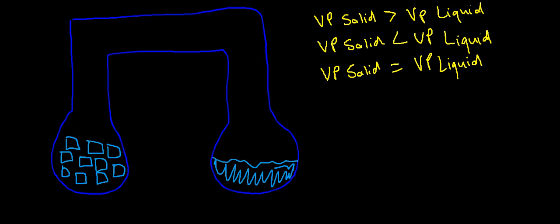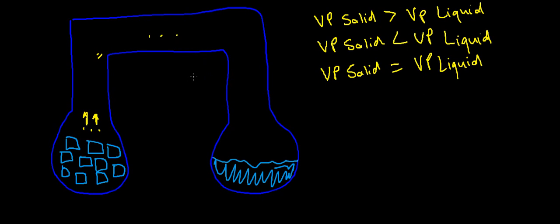On the left is ice, the right is water. Suppose that in the first example, the vapor pressure of the solid is greater than the vapor pressure of the liquid. If the vapor pressure is greater in the solid, then the solid is going to try to give off molecules in order to make the vapor pressure in this chamber equal to its vapor pressure.